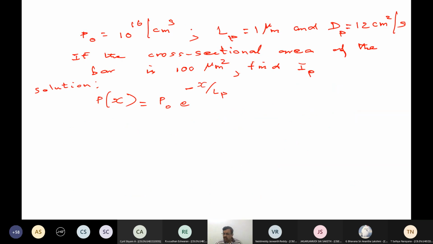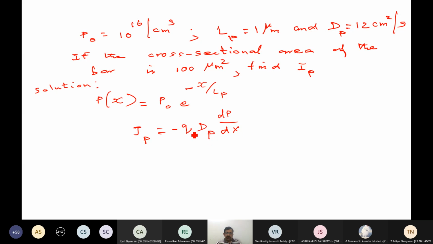So P of x equal to P naught e power minus x by LP, and the hole current density JP is, we know, let me not worry about the negative sign to begin with. Minus Q Dp dP by dx. Q is positive, so I have to accommodate a negative sign here.